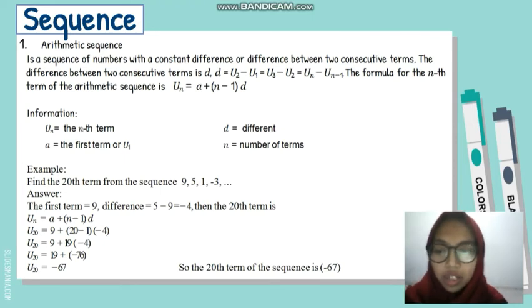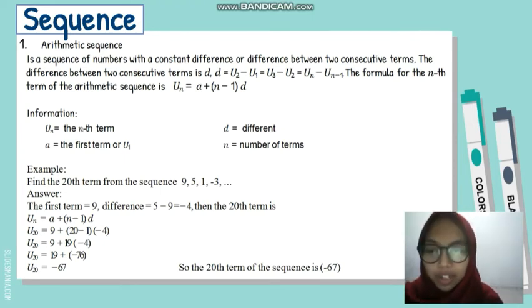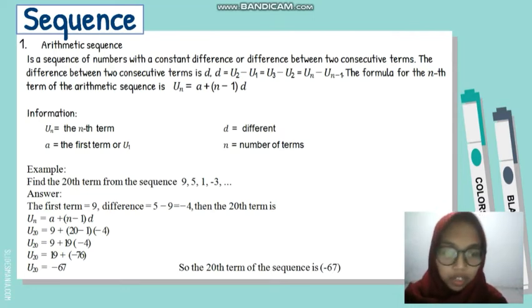And then u sub 20 equals 9 plus 19 times minus 4. And then u sub 20 equals 9 plus minus 76. And then u sub 20 equals minus 67. So the 20th term of the sequence is minus 67.